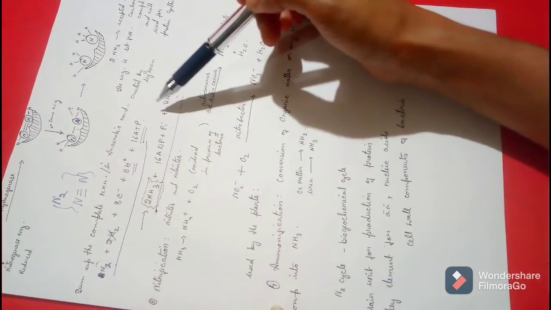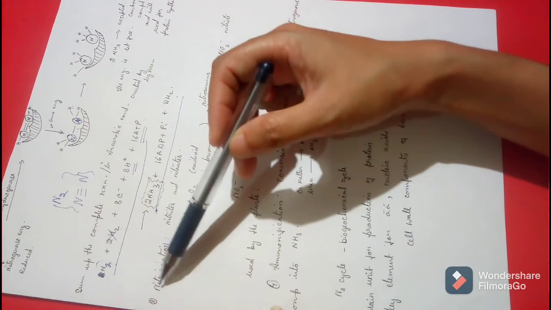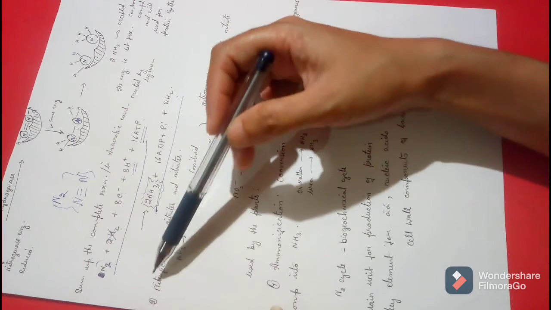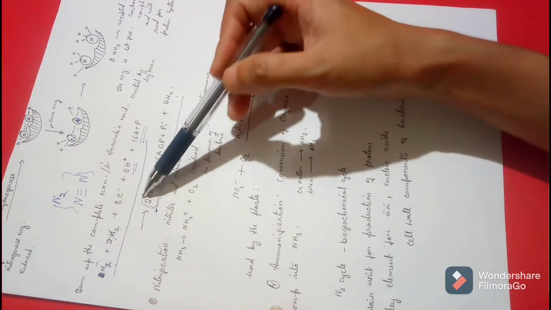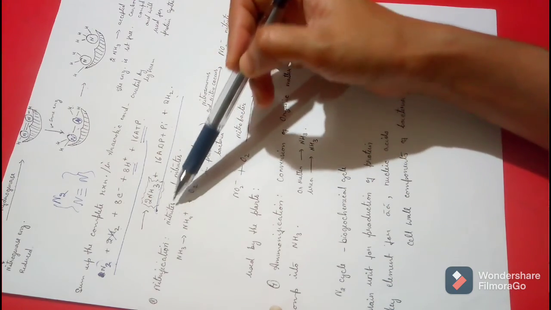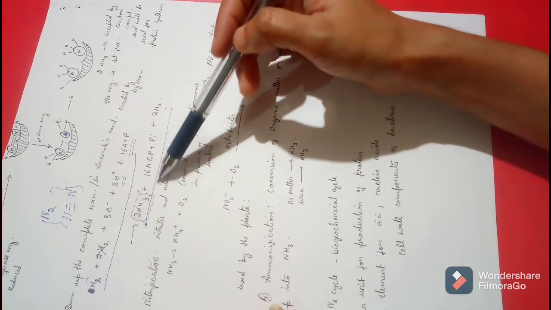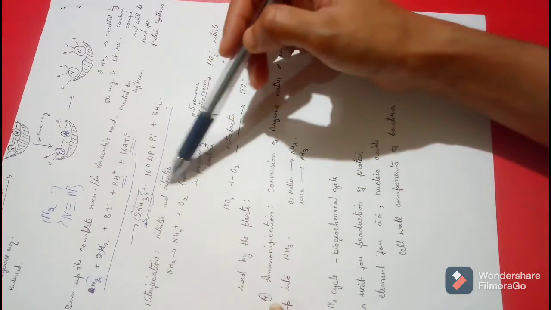Now what happens after this? There is another step in the nitrogen cycle, that is nitrification. Nitrification is the further conversion of this ammonia into nitrites and nitrates, because the plants can use these nitrites and nitrates.